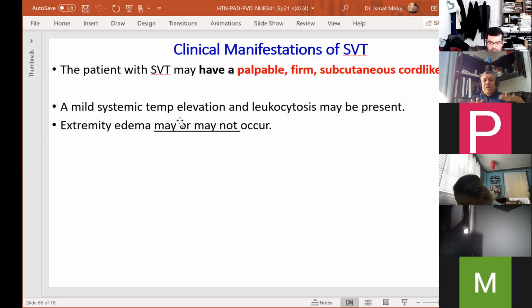So we have two main types of VTE. The blood clot affects the superficial veins, or the clot develops in the deep veins.